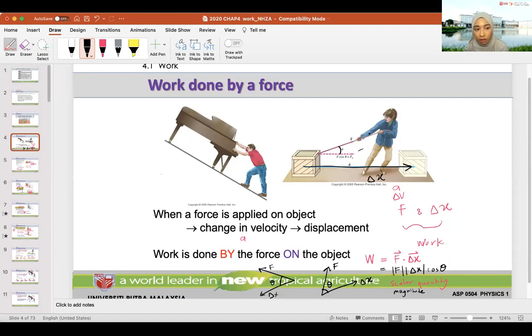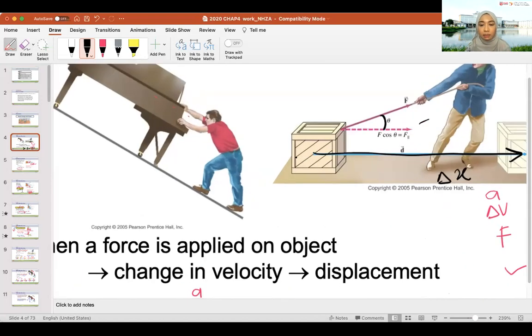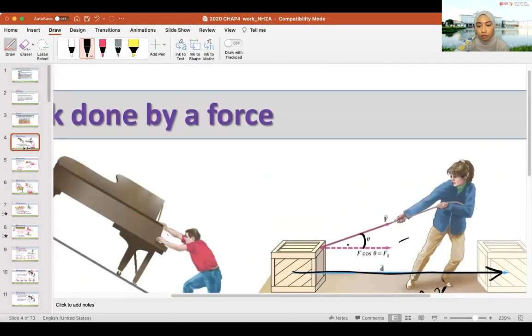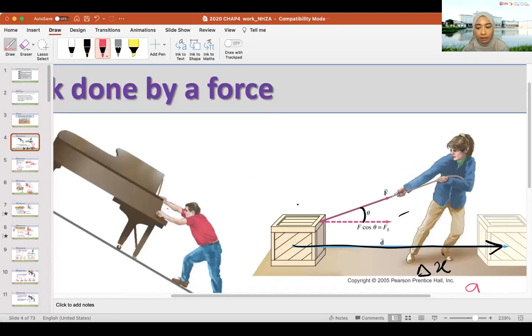So I resolve my F to become F cosine theta because I want to know the component that is parallel to my delta x, and that component is F cosine theta. So F cosine theta and delta x will give me work done.